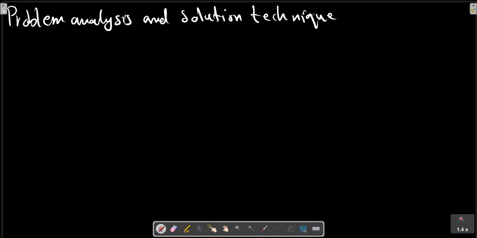At this point in our study of thermodynamics, we have progressed sufficiently far that it is worthwhile to develop a somewhat formal technique or procedure for analyzing and solving thermodynamics problems.